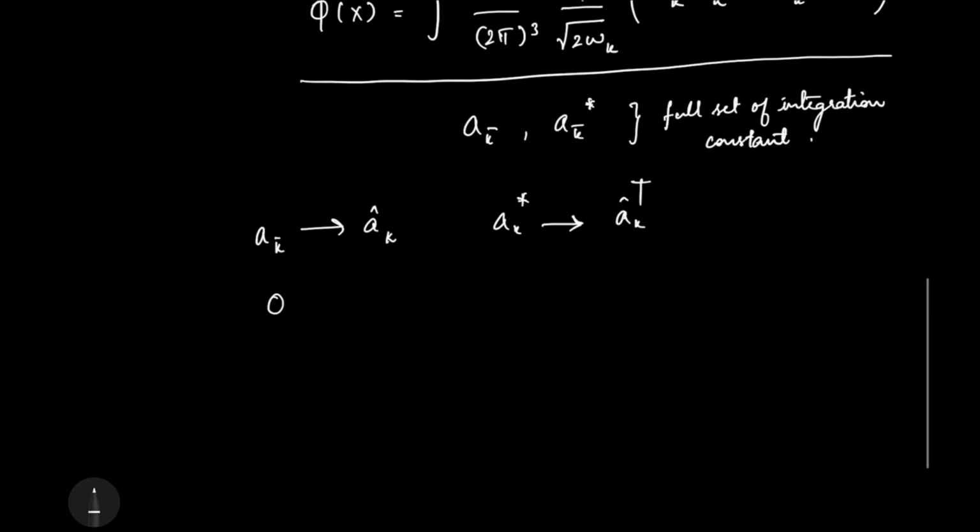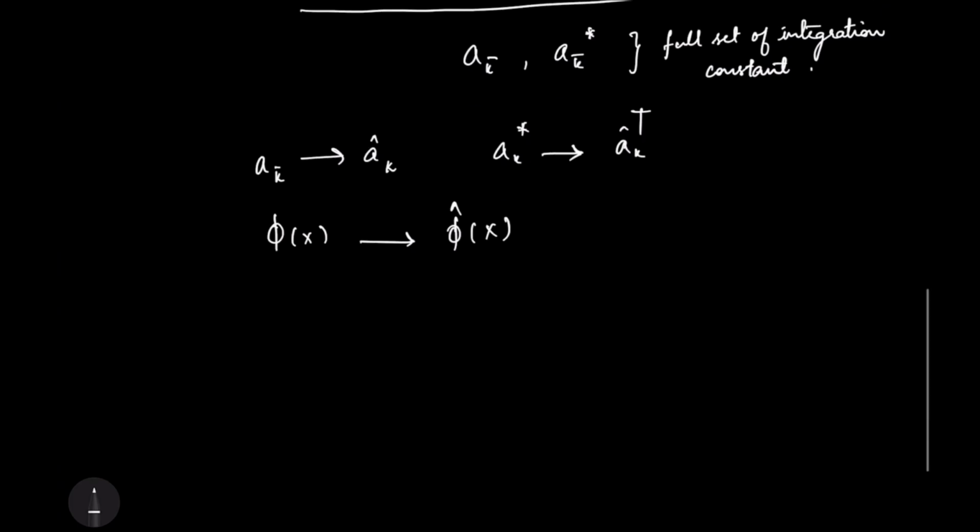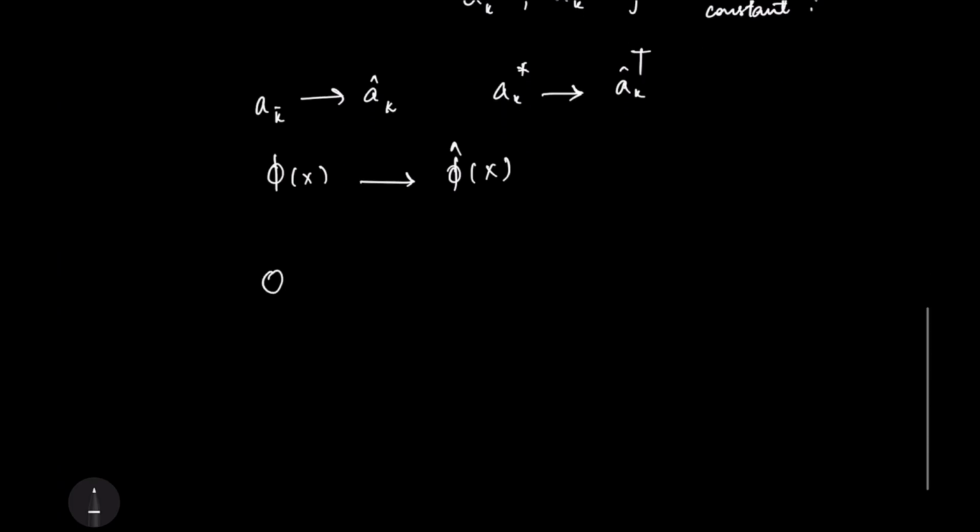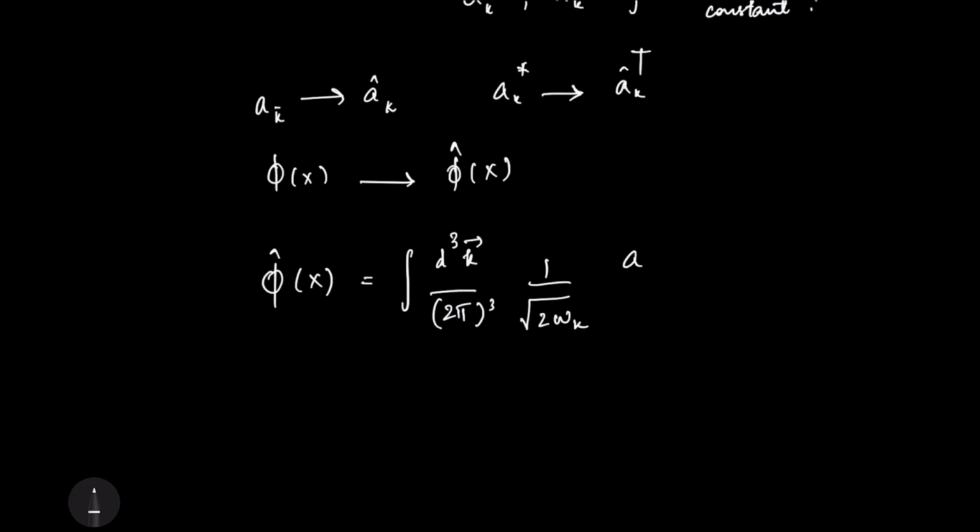And the field phi of x will be an operator phi cap of x. Then phi cap of x is equal to integral d^3k by (2 pi)^3, 1 by root 2 omega k, ak uk plus ak dagger uk star.